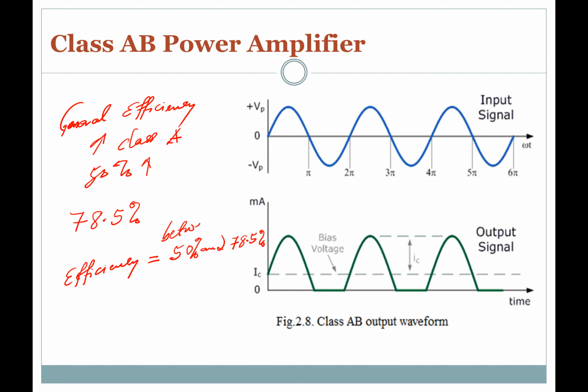So it will be 51 to 78.4%, depending on how you decide to put it. Now, note that the class B push-pull arrangement is less efficient than a class AB.